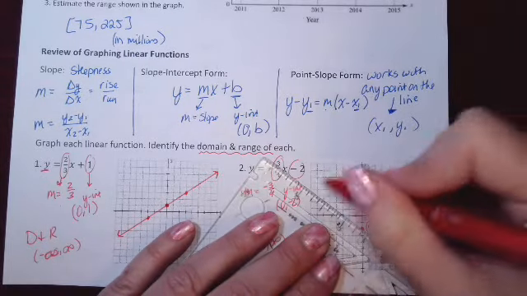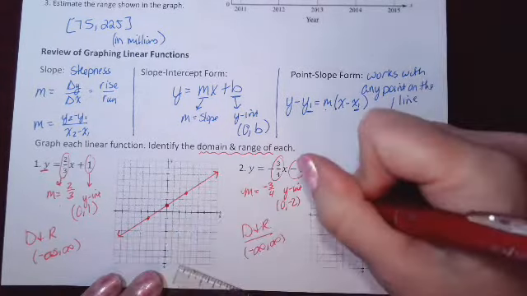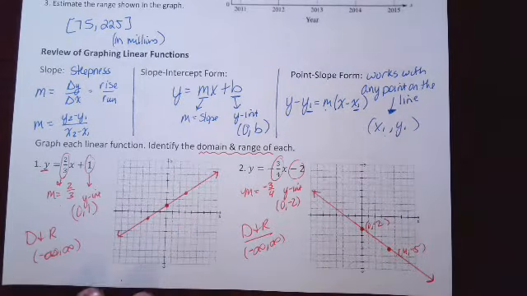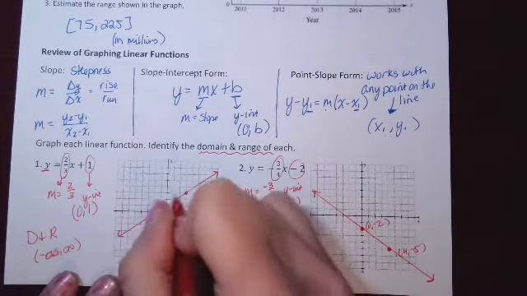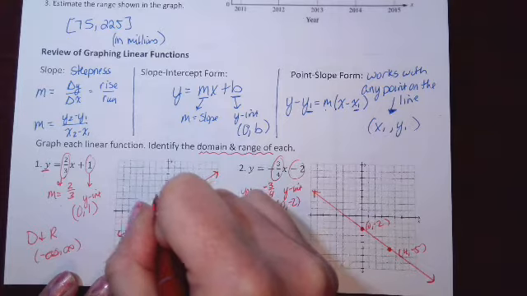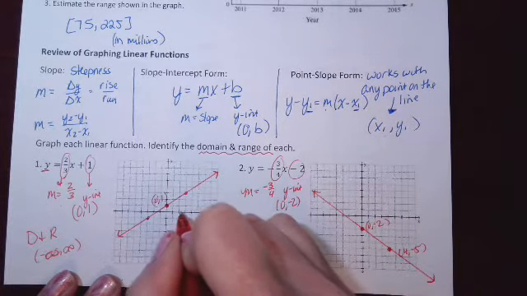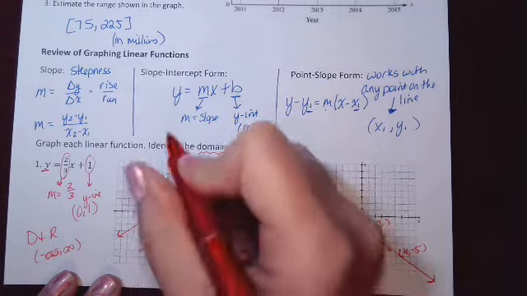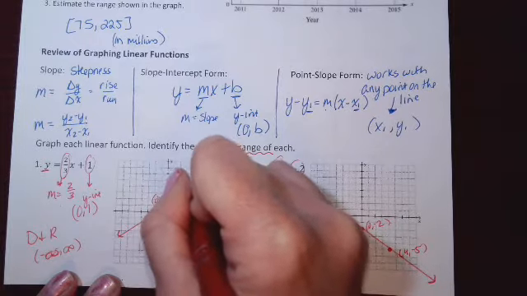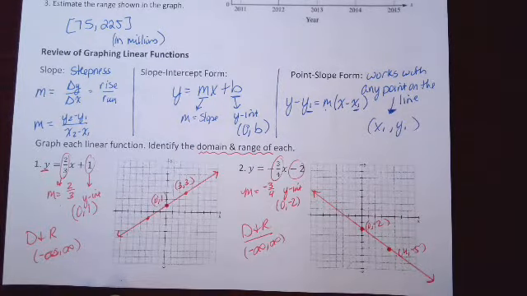So I'm going to go ahead and connect those 2 points. Just over here, my coordinates were 0, 1. And then when I came over 1, 2, 3, I was at the point 3, 3 here. All right. So that's graphing two linear functions.